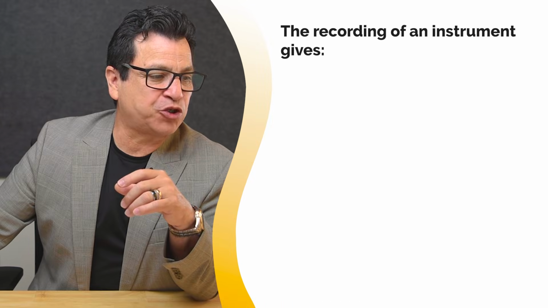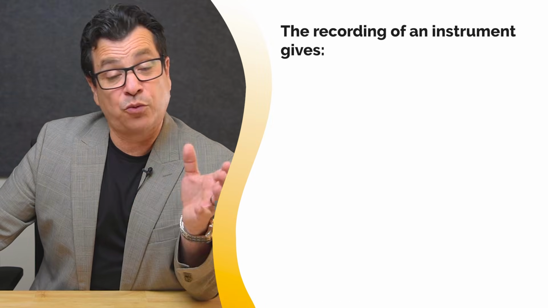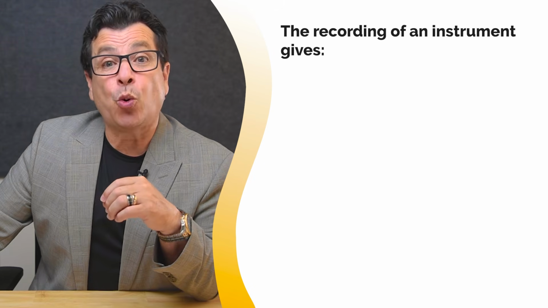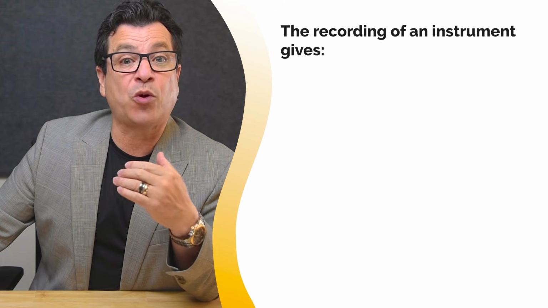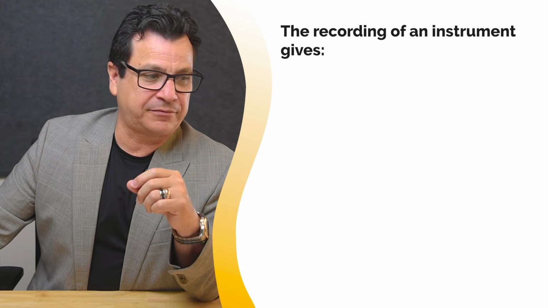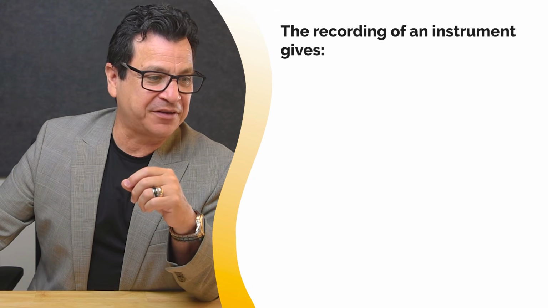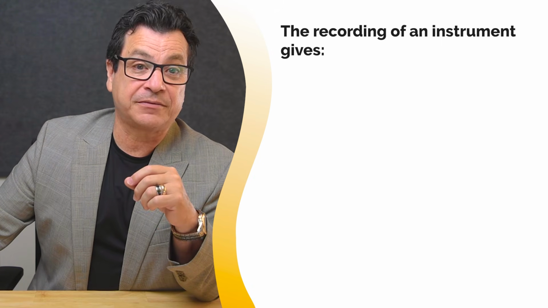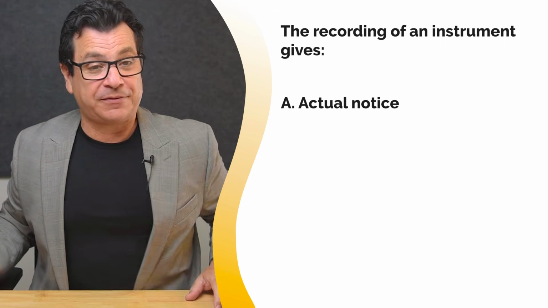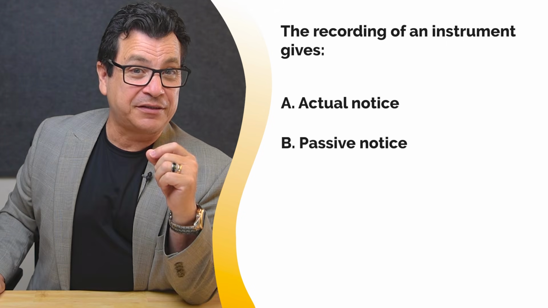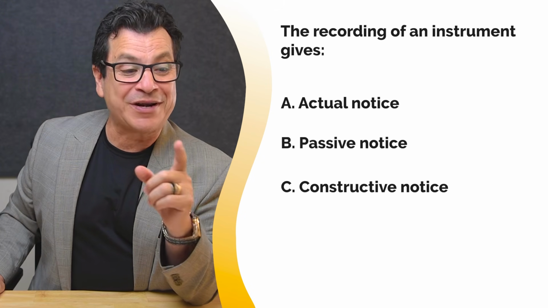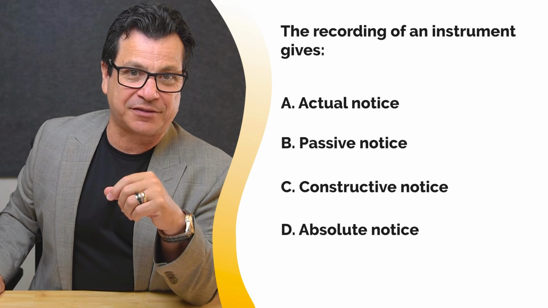The recording of an instrument gives, this is a good question. This question is regarding recording of a property. Recording at the county recorder's office. The recording of an instrument gives A, actual notice, B, passive notice, C, constructive notice, or D, absolute notice.